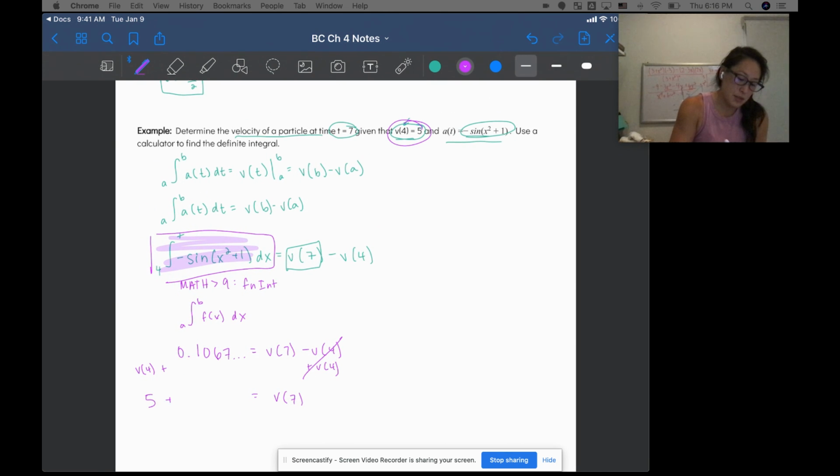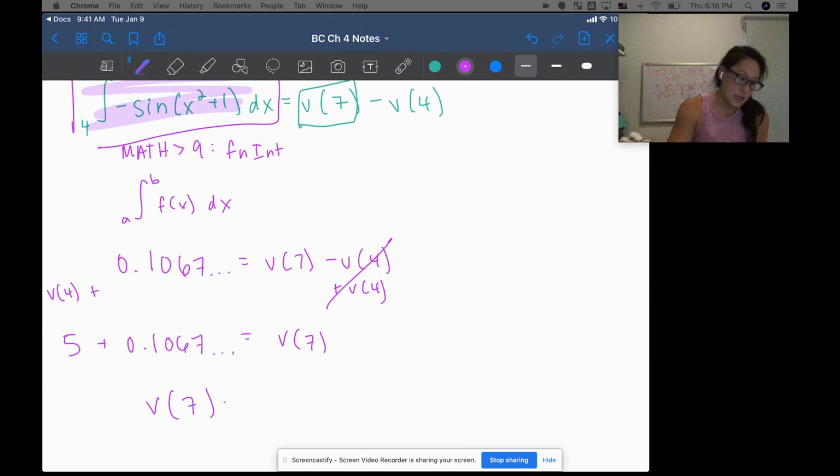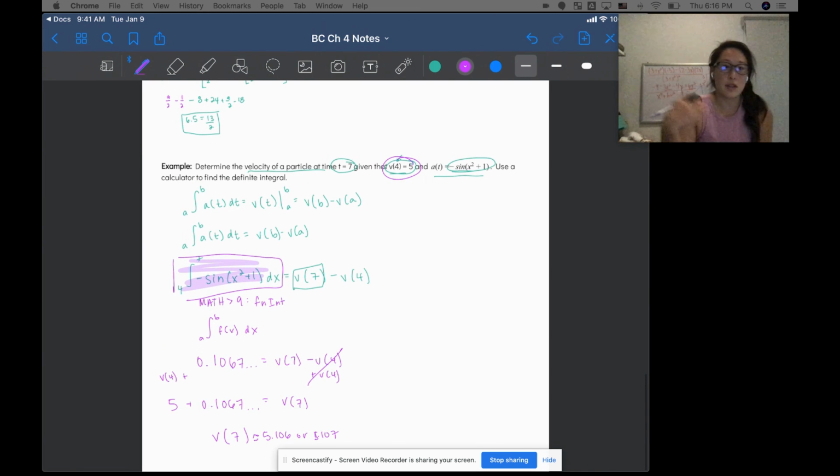So I just do 5 plus 0.1067... So v of 7 is about equal to 5.106, or if you rounded, 5.107.